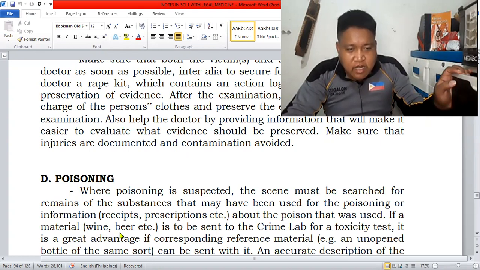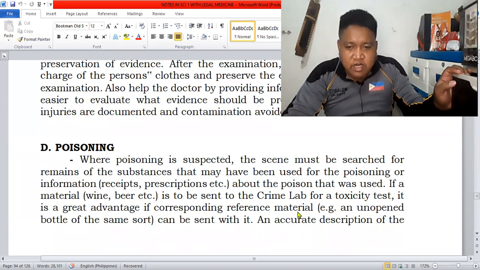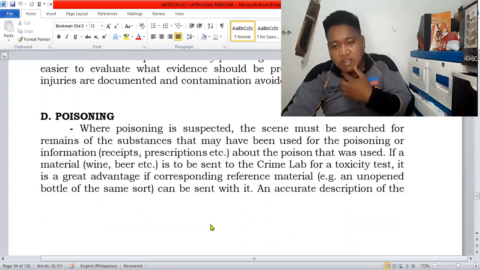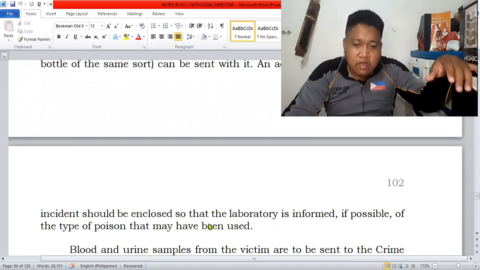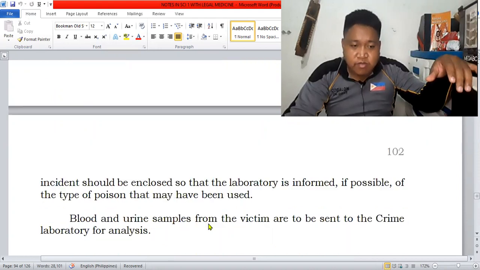If a material like wine, beer, or the likes is to be sent to the crime laboratory for a toxicity test, it is a great advantage if corresponding reference material, such as an unopened bottle of the same sort, can be sent with it. An accurate description of the incident should be enclosed so that the laboratory is informed, if possible, of the type of poison that may have been used.